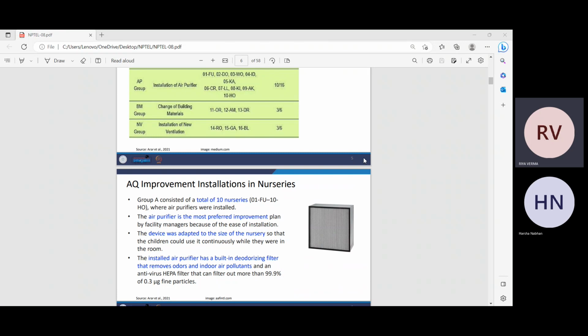So the purifier is suitable for those classrooms that were not of very big sizes, or where there's not much movement involved. For example, if we are considering multiple rooms, then that one single air purifier will not be suitable.